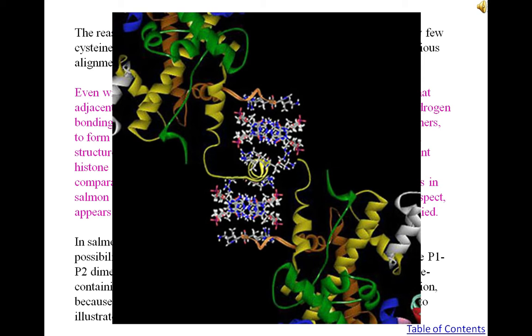Such a structure would be comparable to an analogous sort of structure, which almost surely exists in salmon protamine, which has no cysteine, but which, in every other respect, appears essentially the same as other protamines which have been studied.